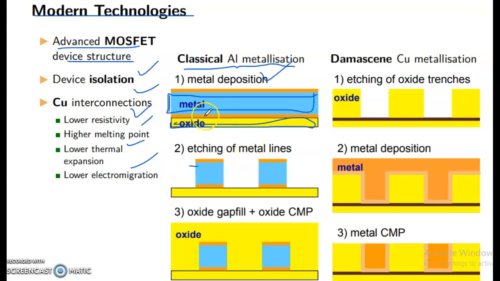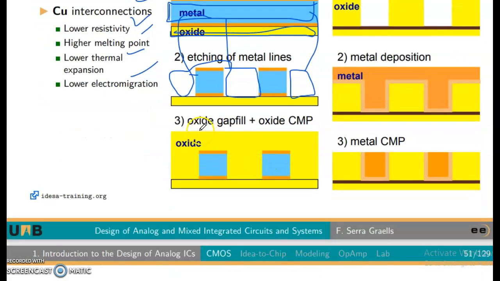Etching of all metals. This metal is removed from here, and from here, and from here. Then oxide gap fill plus oxide CMP.